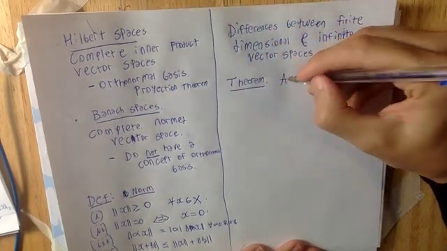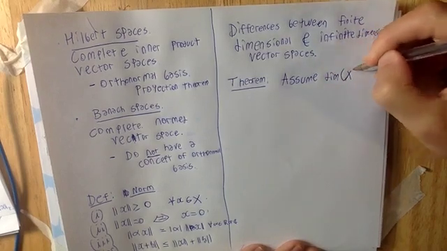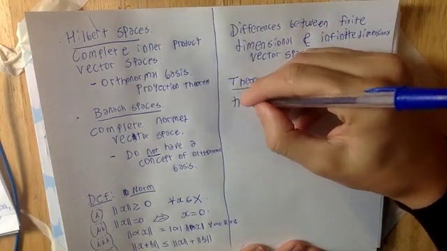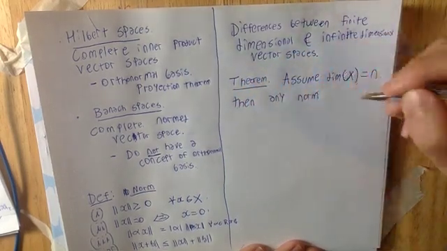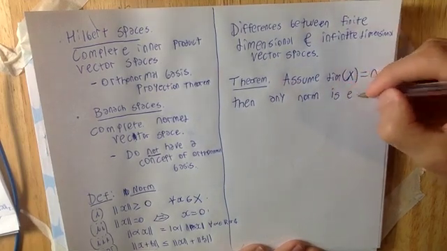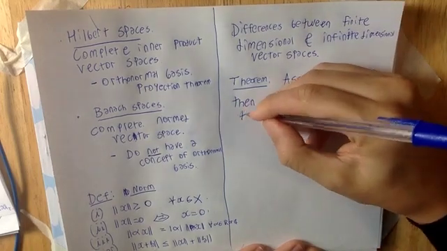Assume the dimension of our vector space X is equal to n, then any norm is equivalent to each other.